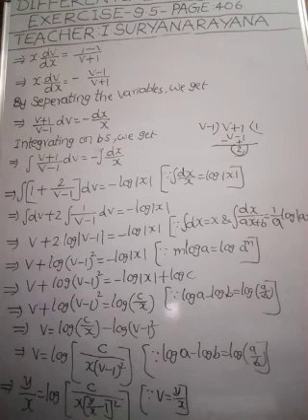Whereas for question number 10, we write dx by dy, not dy by dx. Remember this point, my children. dx by dy is equal to f of x comma y, and we make the substitution x is equal to vy. Okay, my children, and we follow the steps. We proceed to find the solution of the differential equation.